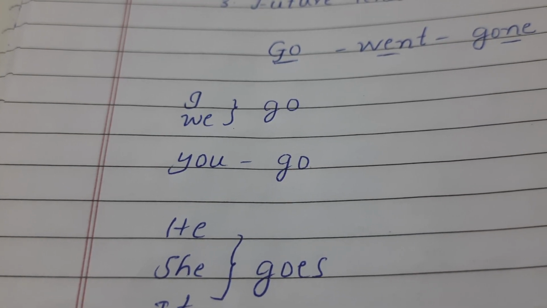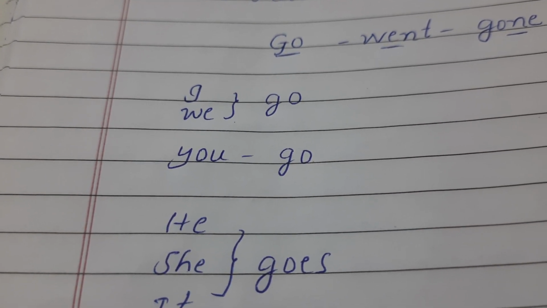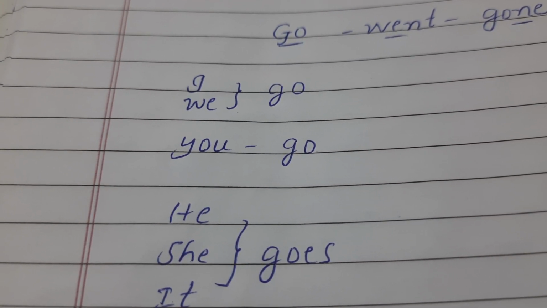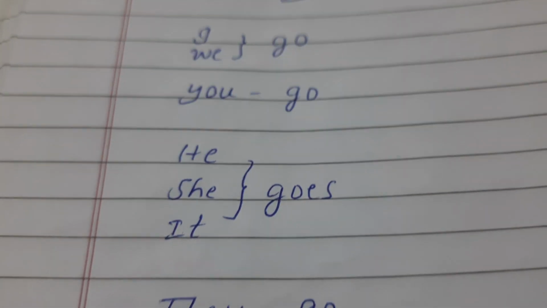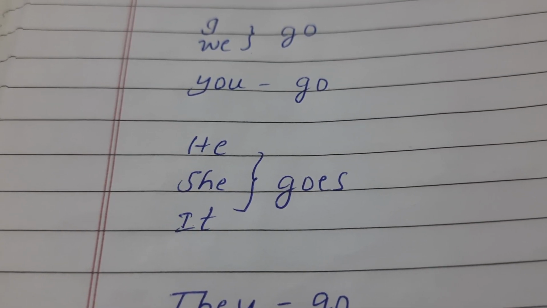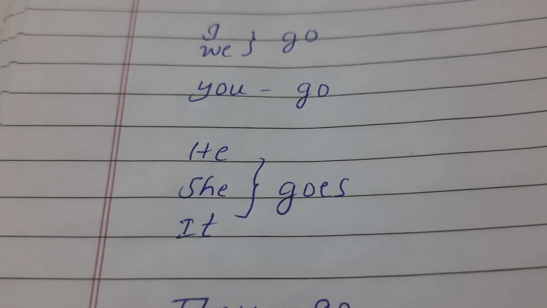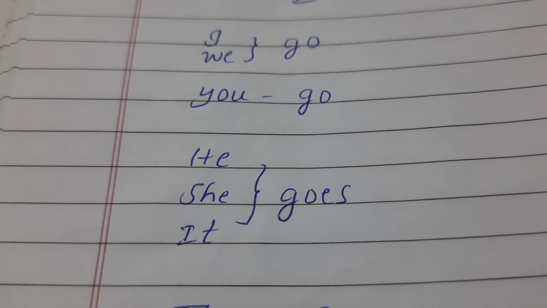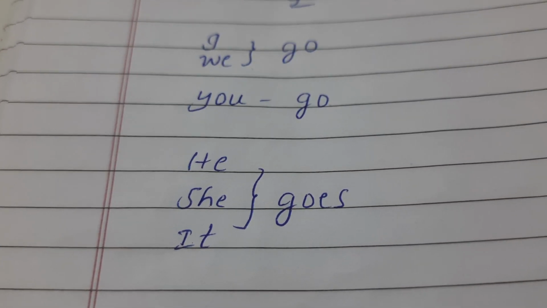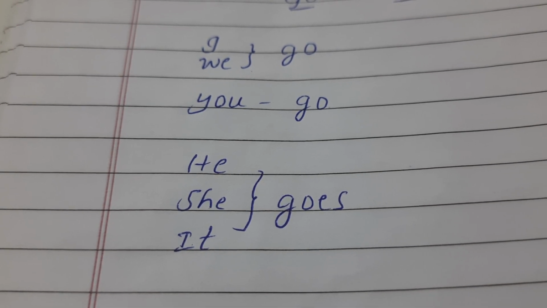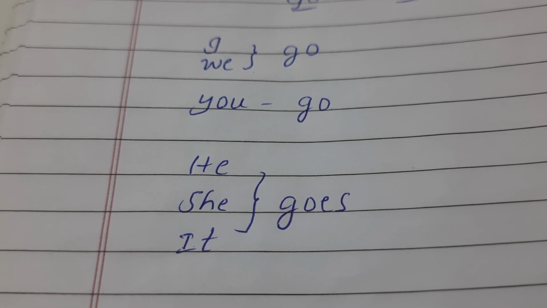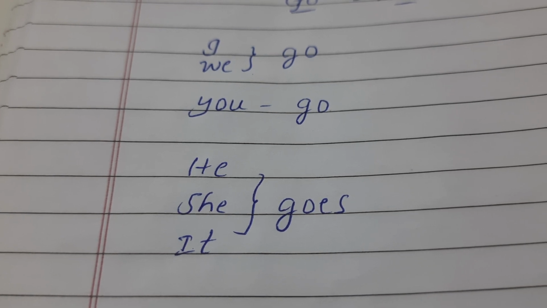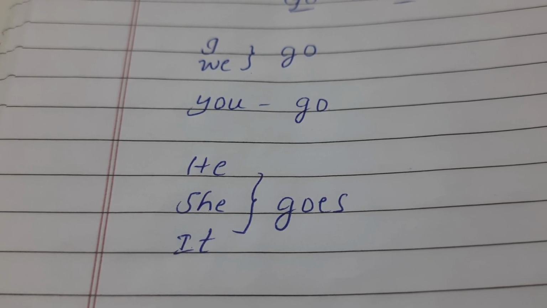I go, we go. Second person, you go. Third person singular, he, she, it. When the subject is third person singular, for example, he, then we should not say he go. We have to say he goes, she goes, it goes.